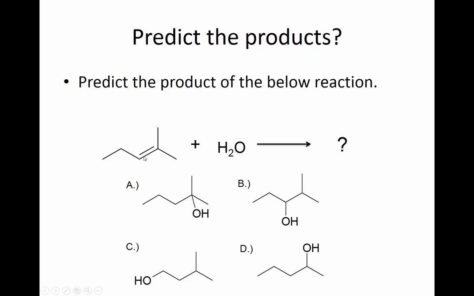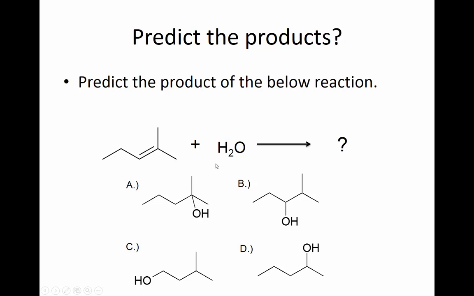So we have this alkene plus water, and we're going to see compound A, compound B, compound C, or compound D. First of all, we can eliminate compounds C and D right away, because the hydration is going to happen at the double bond here, the hydration of the alkene. So it'll either be this carbon or this carbon, which is either A or B. The question is, what is it, A or B?